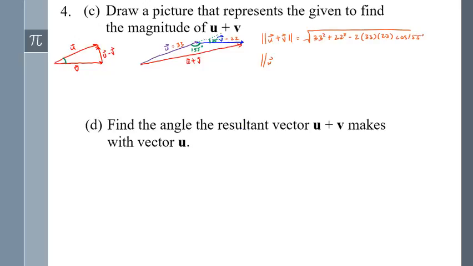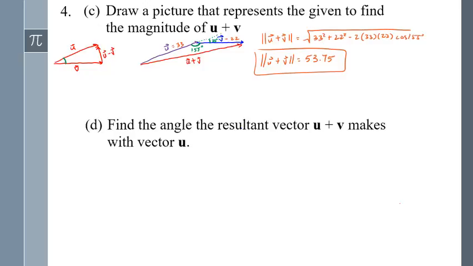So the magnitude of u plus v is equal to about, if we use a calculator, 53.75. So we'll call it that.